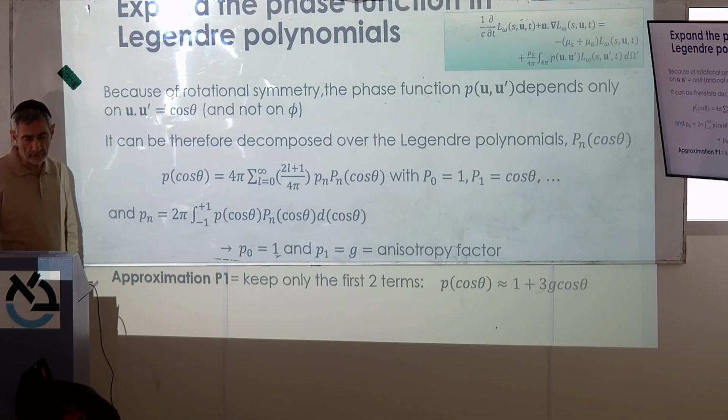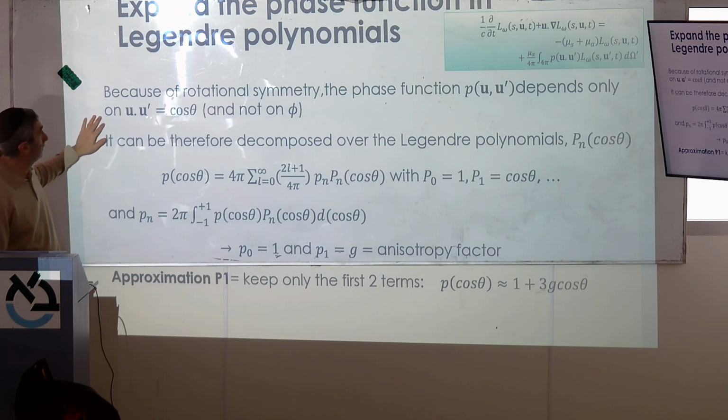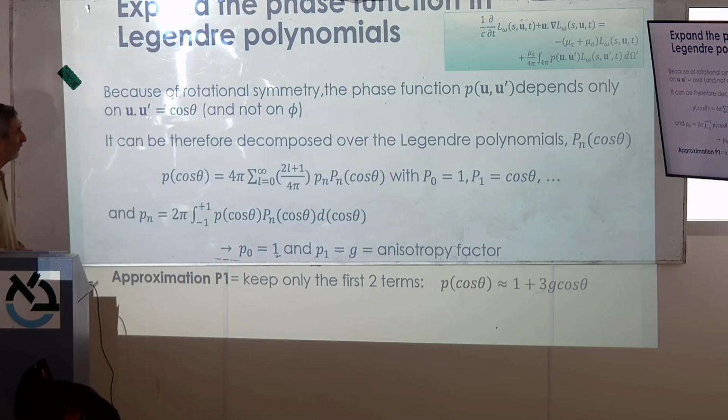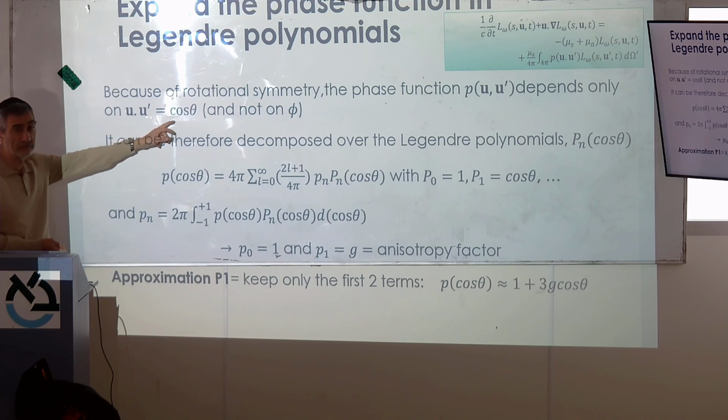So first, let's start with the phase function. I always forget this name. The phase function P. You remember that, because of rotational symmetry of the system, P of u·u' is actually P of cosine theta.